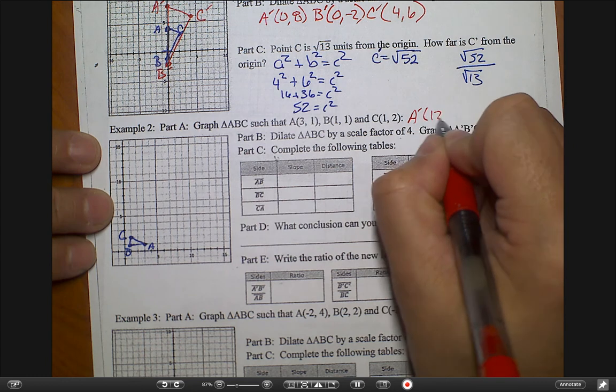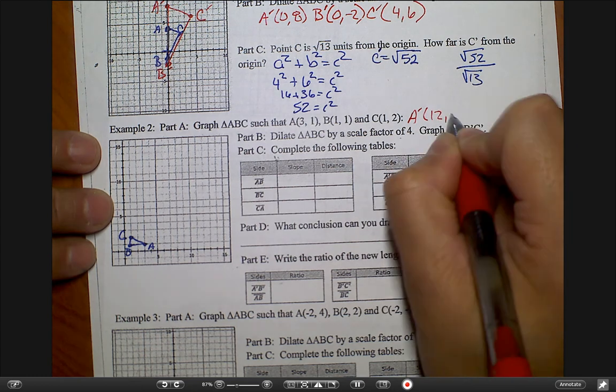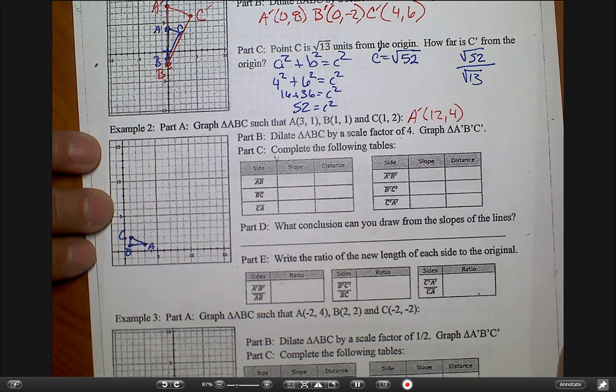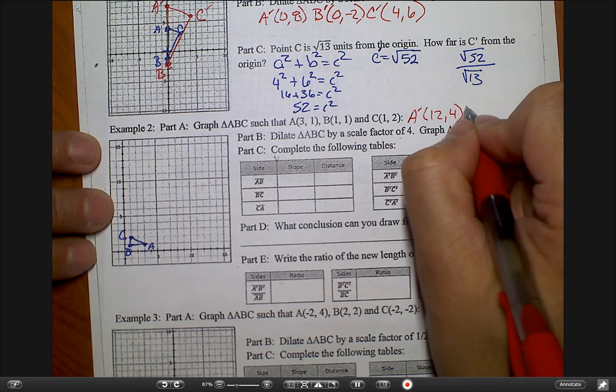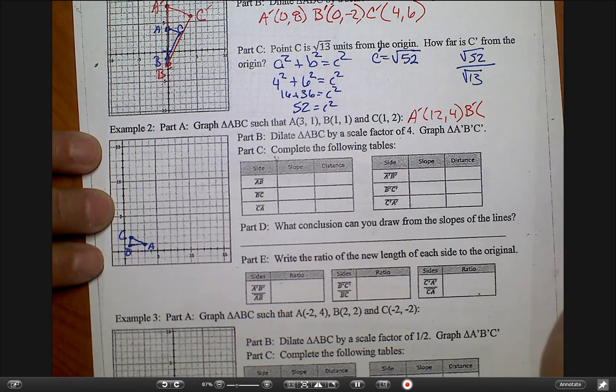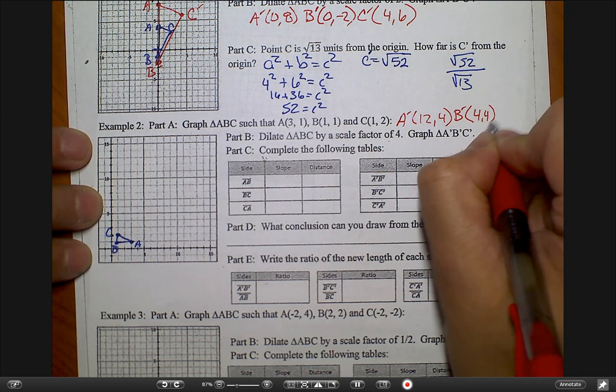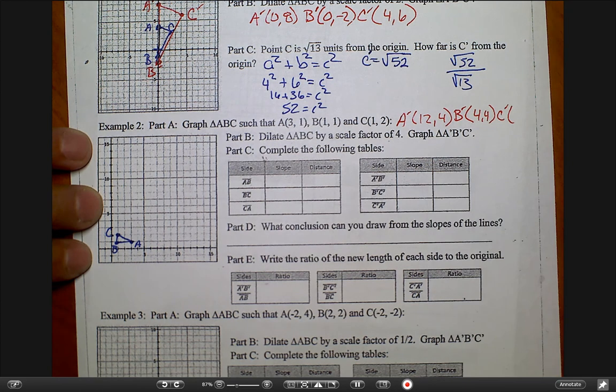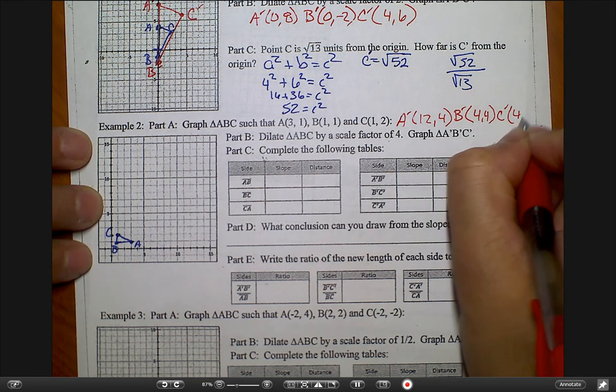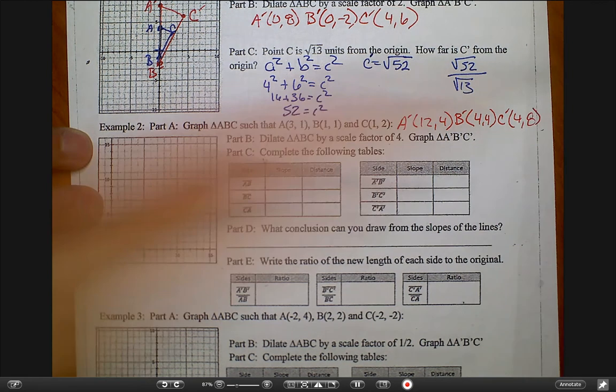Very good. 12 and 4. Very good. 1 times 4 is 4, right? B prime. 4, 4. Very good. C prime. 4, 8. Very good. That's what I'm looking for.